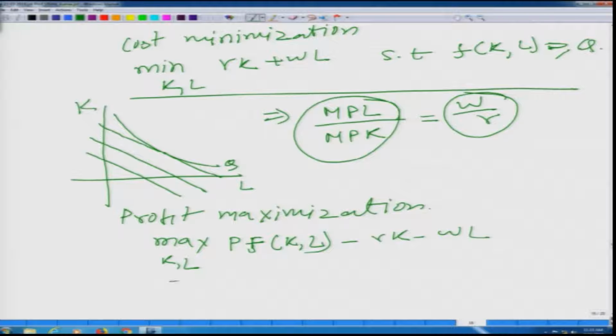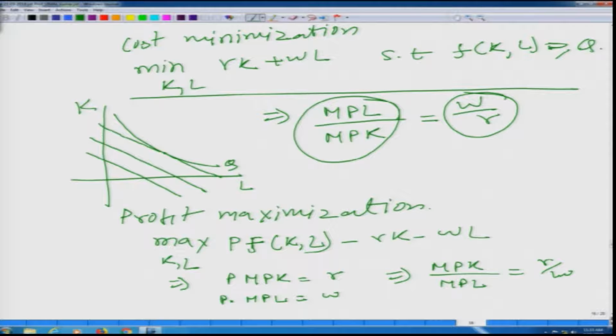And the first order conditions that we get are that P MPK has to be equal to R and P multiplied by marginal product of labor has to be equal to W. From here we can obtain that MPK divided by MPL has to be equal to R by W, and this can be rewritten as MPL divided by MPK has to be equal to W by R.